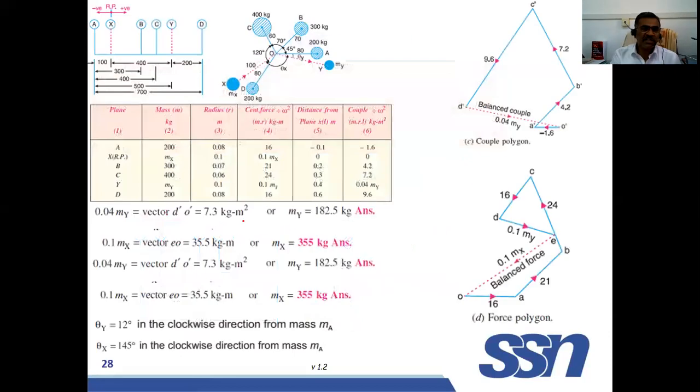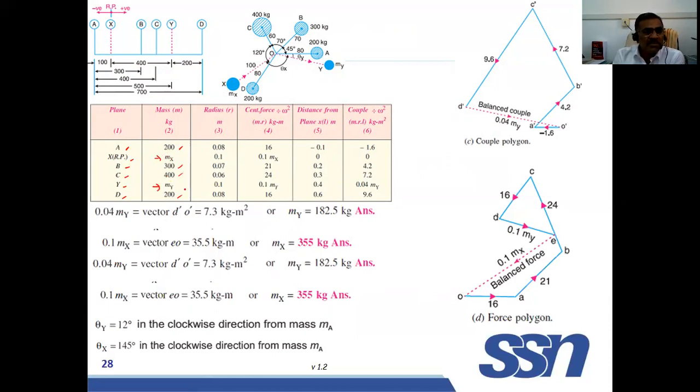Now we have to draw the table. First write all the planes: A, X, B, C, Y, D. After that, the masses. Masses A, B, C, D are given. MX and MY are not given; these are the balancing masses.